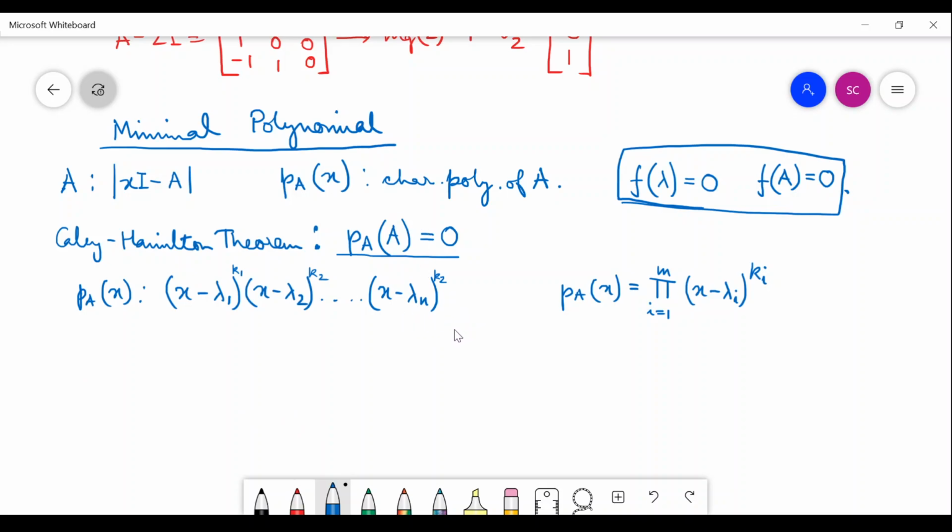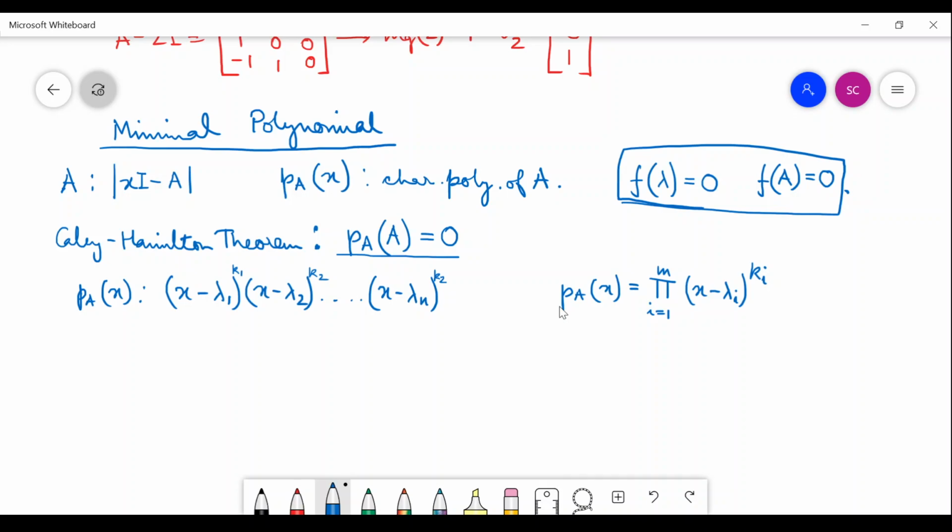So now the question that I am asking is whether this characteristic polynomial is the minimum order of the polynomial which the matrix A can satisfy.